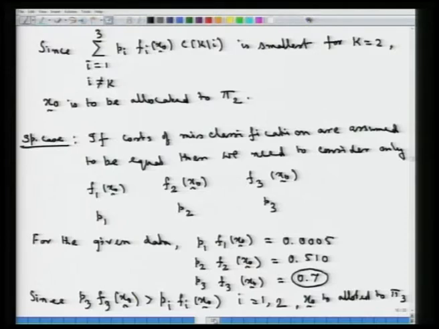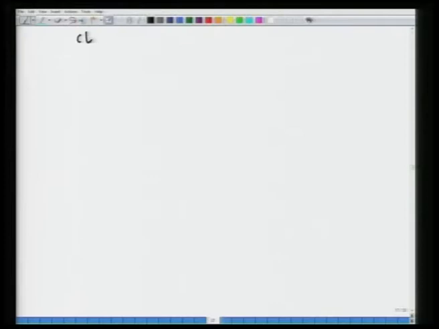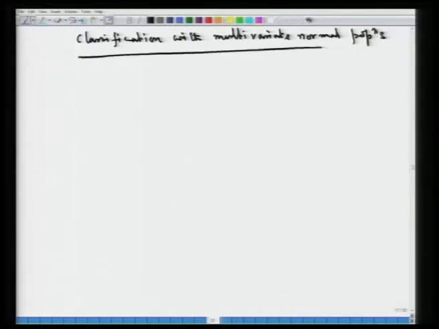Now, let us look at some specific examples when we have classification problems for multivariate normal populations, classification with multivariate normal populations. So, this is what we are going to look at.